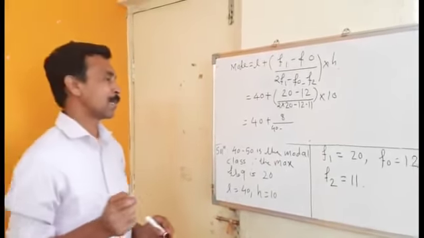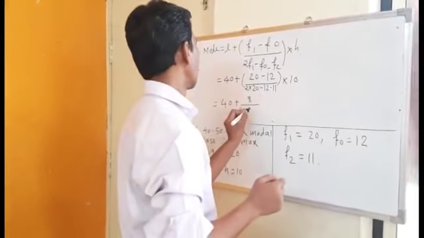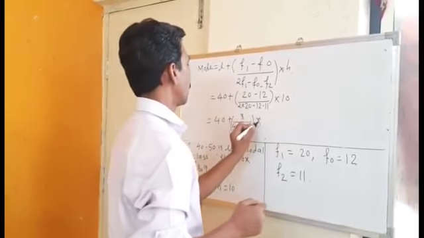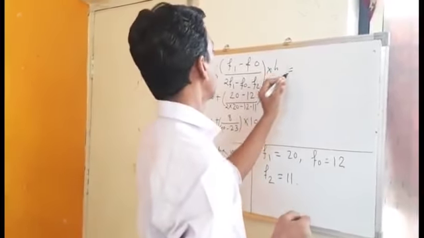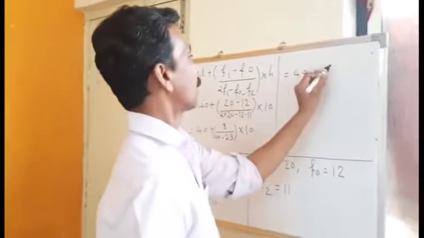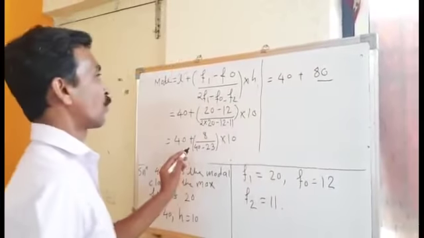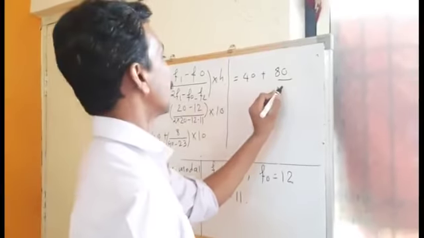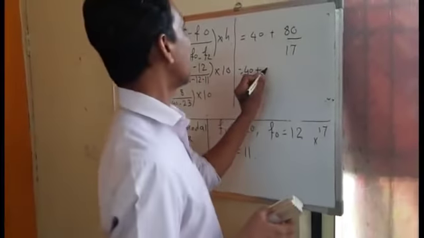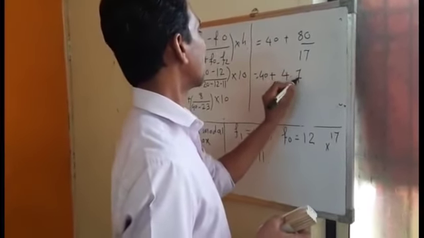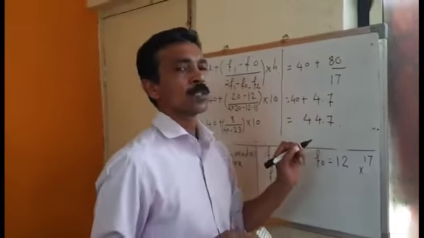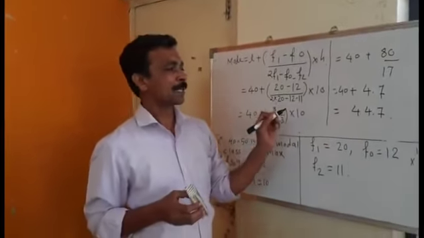Minus 12 minus 11 is minus 23, into height is 10, is equal to 40 plus 10 8s are 80, 40 minus 23 is 17, is equal to 40 plus 80 by 17 is 4.7. So mode is equal to 44.7. So friends, this is the method to find the mode.